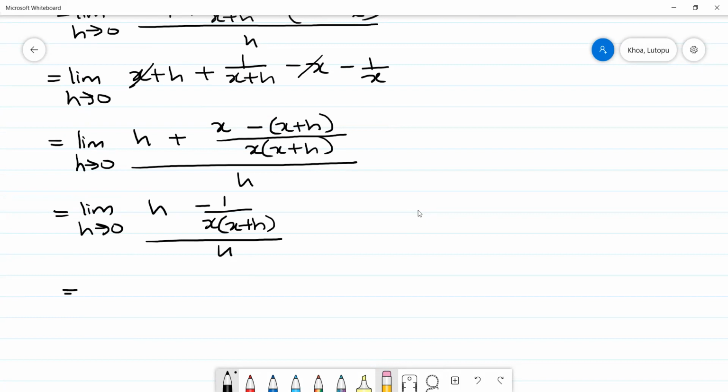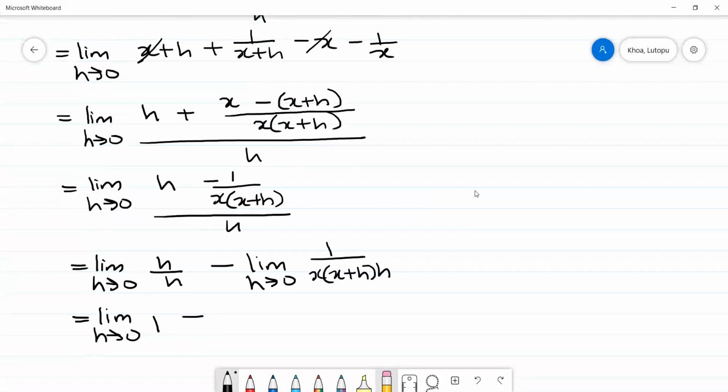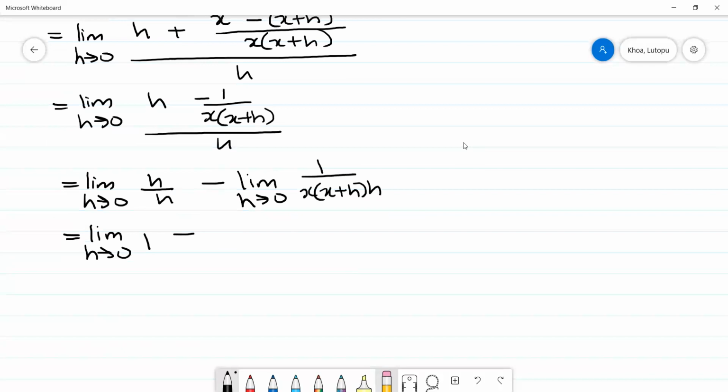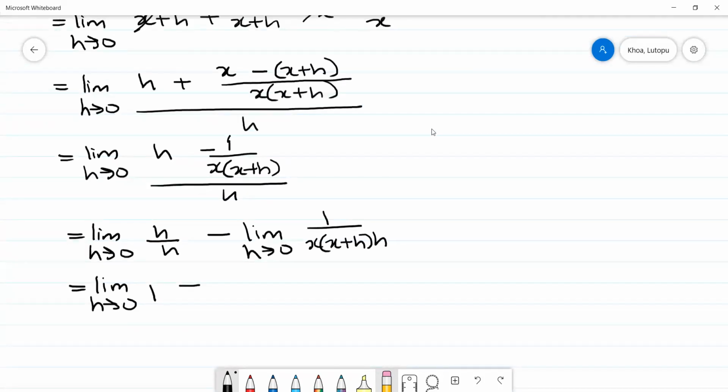Then we can split this up. This is the limit as h goes to 0 of h over h minus the limit as h goes to 0 of 1 over x plus h over h. So using our limit laws, the limit of a difference is the difference of the limits. Okay, sorry, over here, I have h not 1.